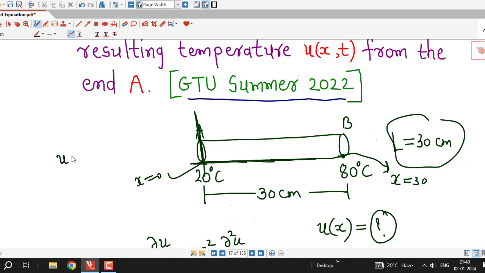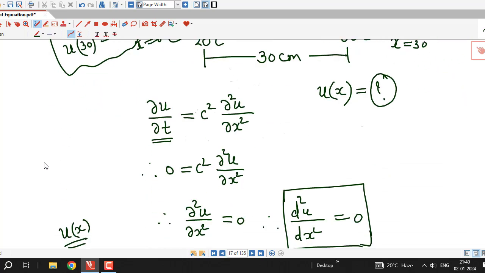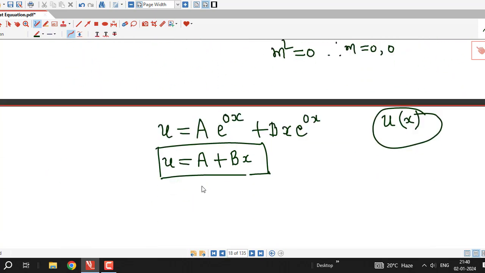So when x equal to 0, u is 20, and when x equal to 30, u is 80. So we have two boundary conditions, and using them we can obtain the values of a and b. One boundary condition is u(0) equal to 20, and another is u(30) equal to 80.